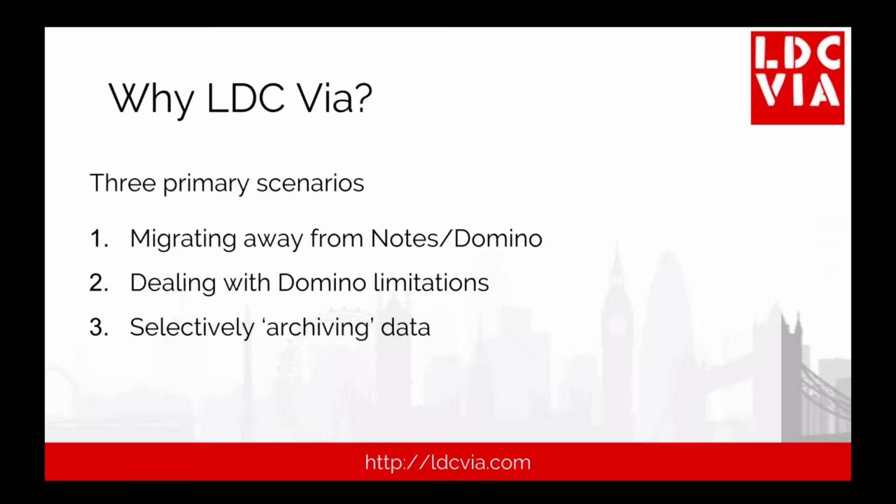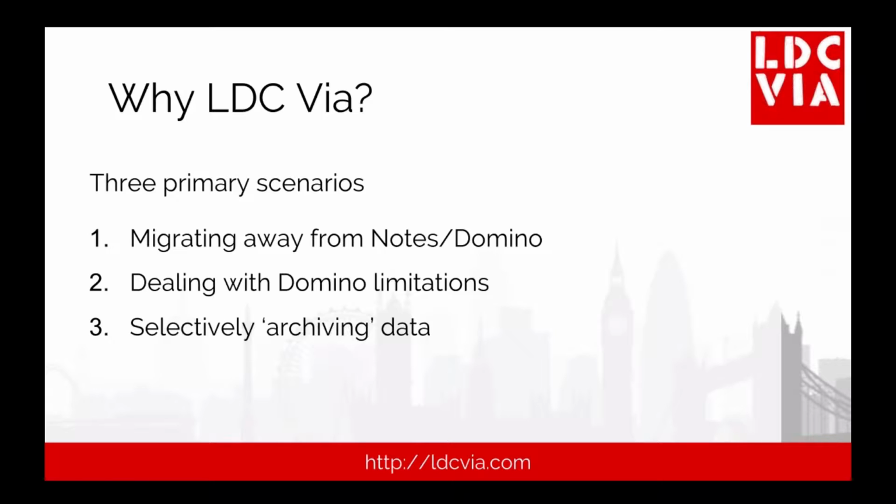A third big area would be selectively moving data off Domino, and a great example here is mail archive databases. These tend to take up a lot of space on Domino servers and therefore a lot of space on backups. Worse still, if an organization migrates email system, these mail archives may be left behind and not migrated with the live email.